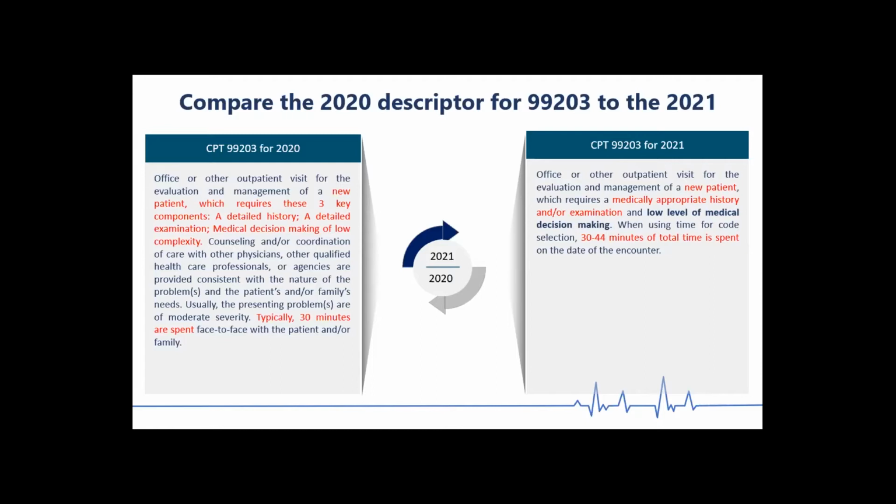It is completely changed for year 2021, and for a new patient visit we require only a medically appropriate history and or examination and a medical decision making of low complexity.